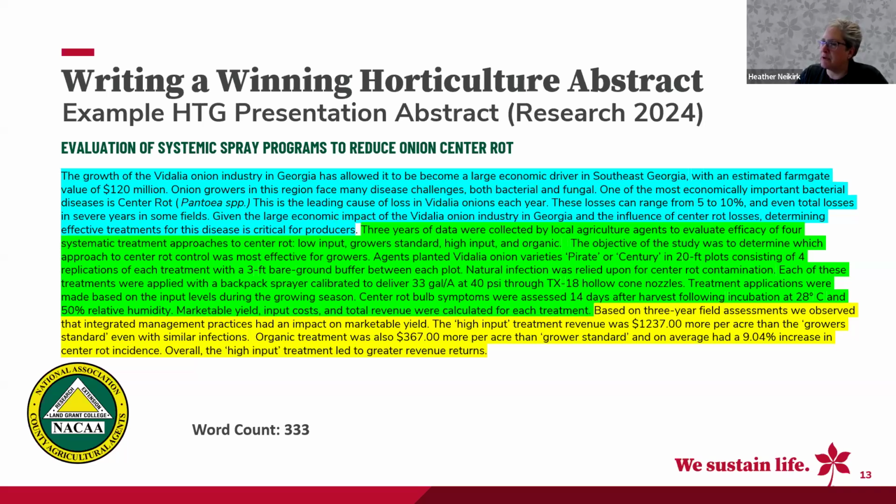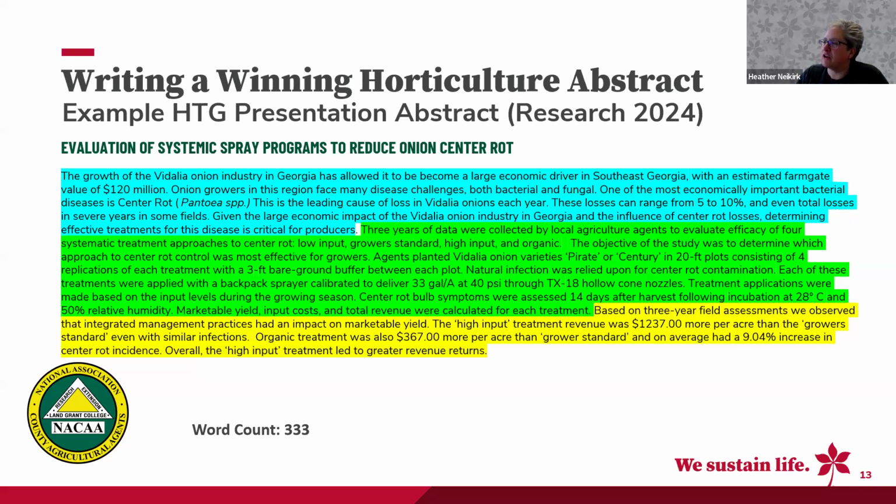And then if you look at the yellow again, results and impact. So again, 3-year field assessments. What did they observe? They looked at integrated management practices. Those had an impact on marketable yield. And it talks about the high input treatment revenue, and tells you the monetary value for an organic treatment piece and a grower.